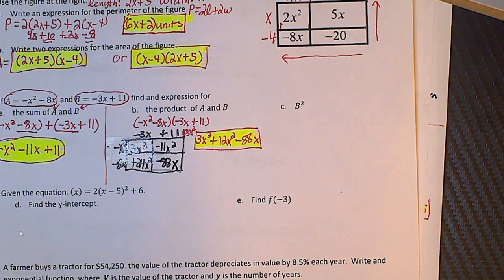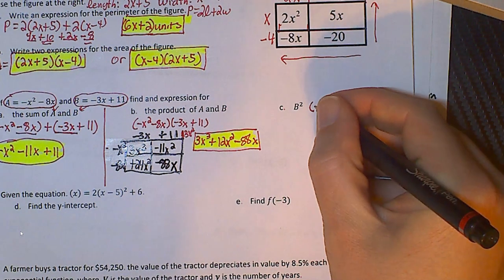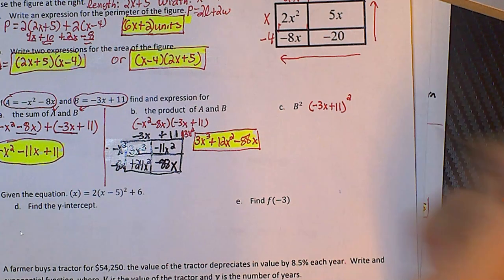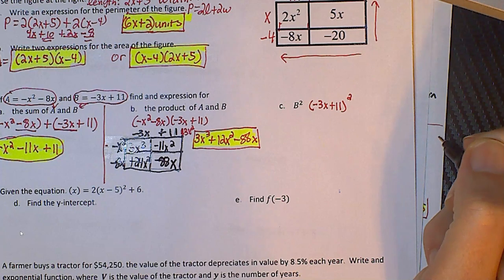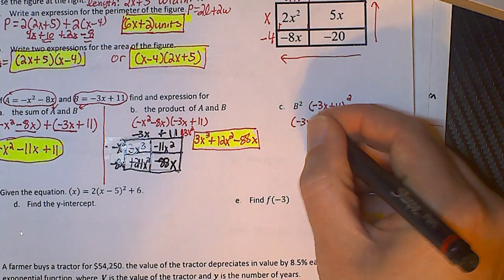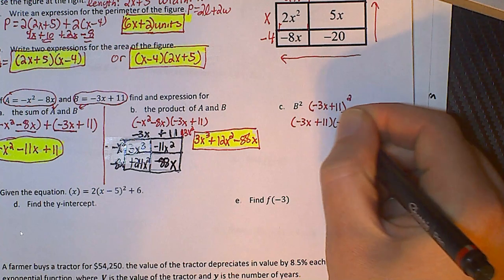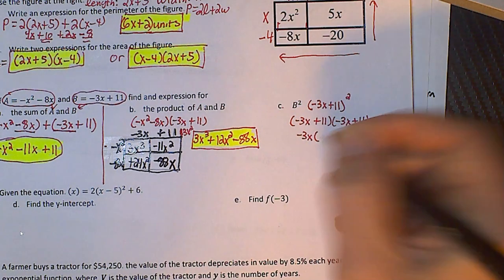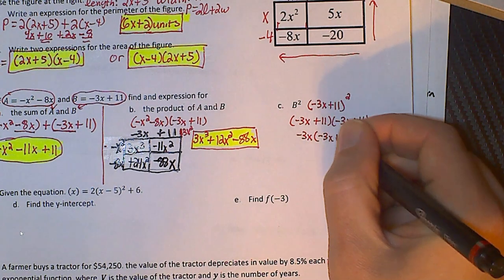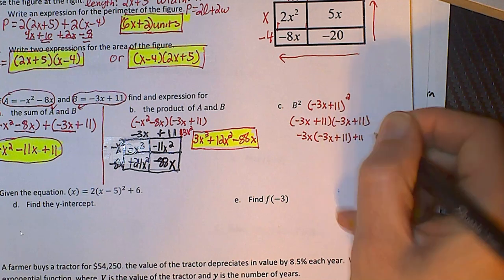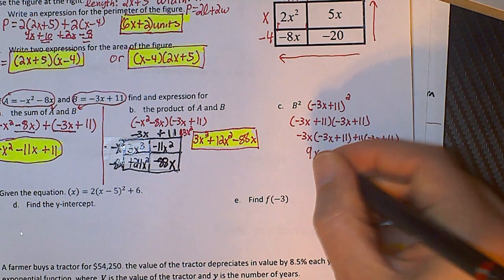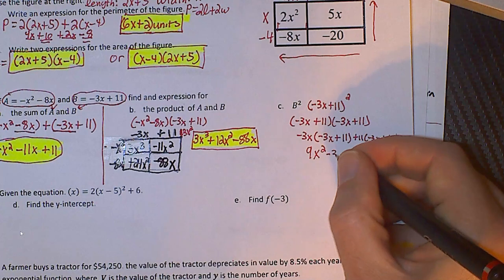It says take b and square it. That'd be 9x squared minus 33x.